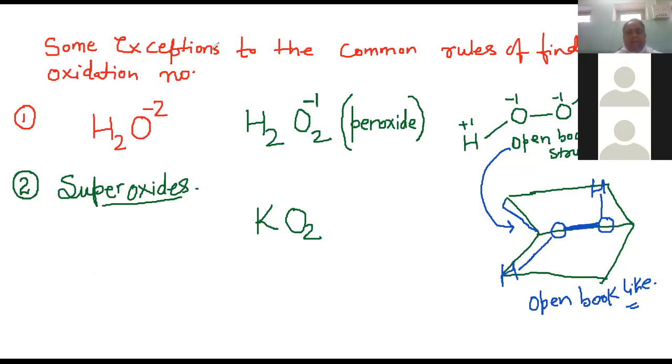So far you might have seen K plus and O minus 2, so K2 you bring here and 1 you bring here. It becomes K2O. It is a normal oxide. In this other case, we call it as superoxide.